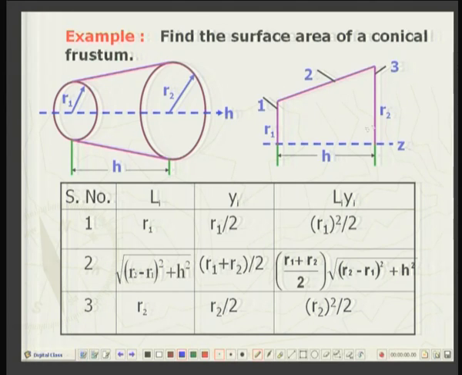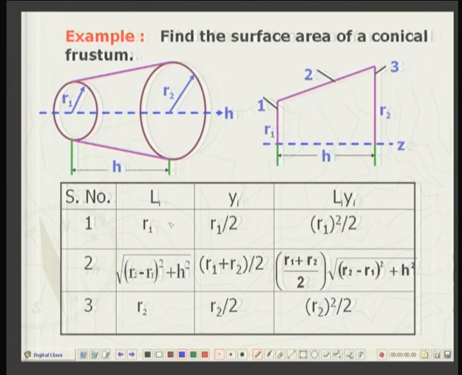So, the height of the centroid will be easily obtained, R1 plus R2 by 2, and then you multiply this length by this height of the centroid, you get this expression R1 plus R2 over 2 into the length of the hypotenuse. And similarly for the third segment, segment number 3, again length is R2, middle height for the centroid R2 by 2, and then R2 square by 2.